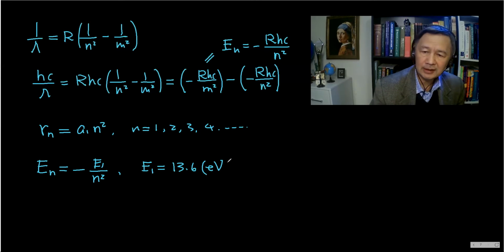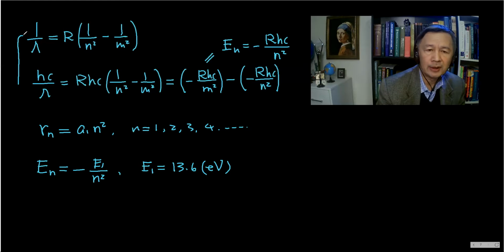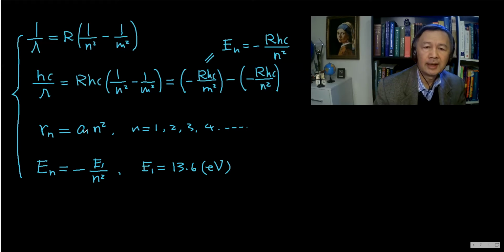So that is a summary of Niels Bohr's theory. Basically, he came all the way from the Rydberg's equation, and eventually obtained these two important formulas.